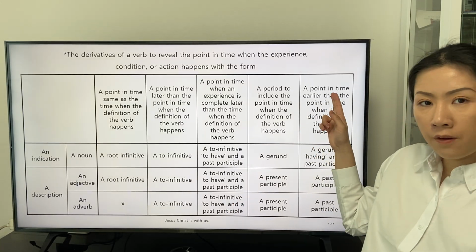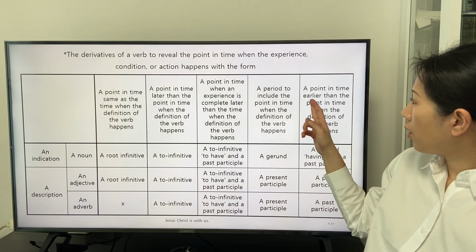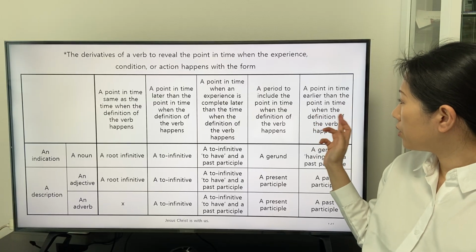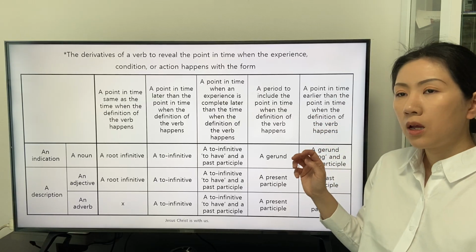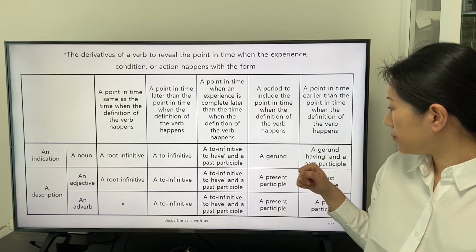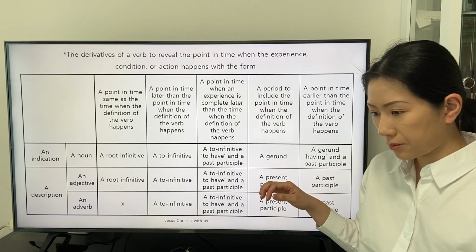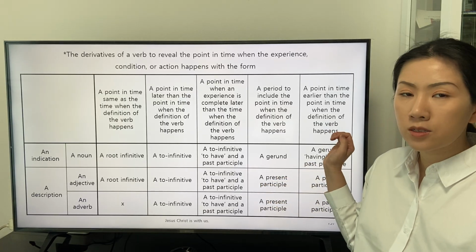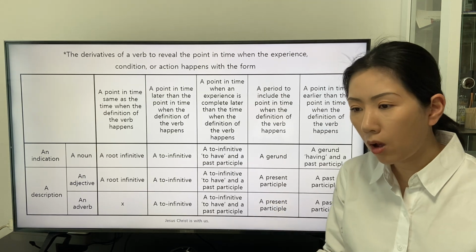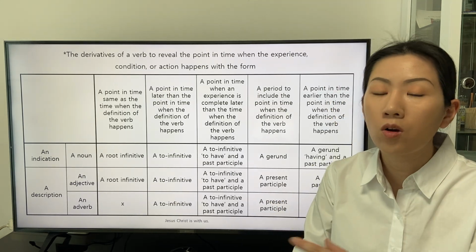There is the fifth column, a point in time earlier than the point in time when the definition of the verb happens. This tells us completion.